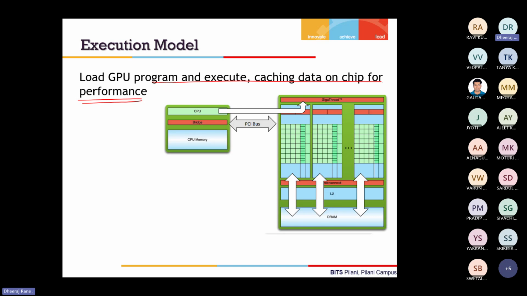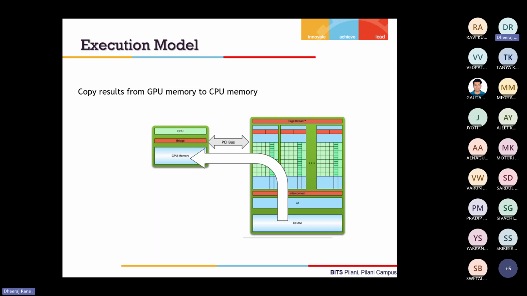Whatever results are generated from the GPU can be loaded back to the CPU and then exhibited to the input output device. If it is an image, it can be made visible on the monitor, or if it is results corresponding to machine learning models, it can be the other way around.